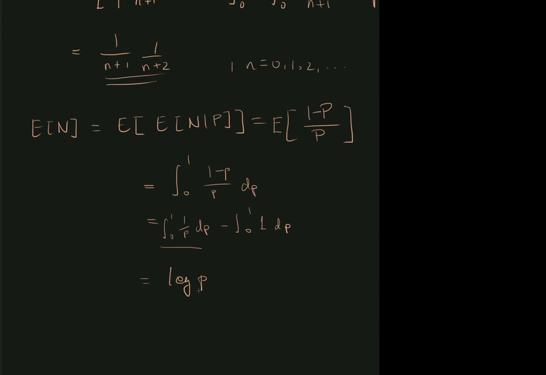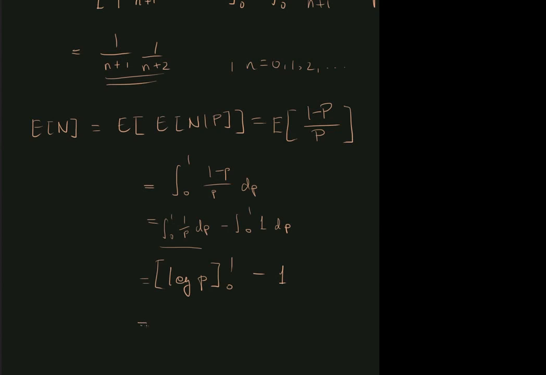So the logarithm is the antiderivative of 1 over p, and we evaluate that from 0 to 1, and here we just say minus 1, because the integral of 1 from 0 to 1 is just 1.